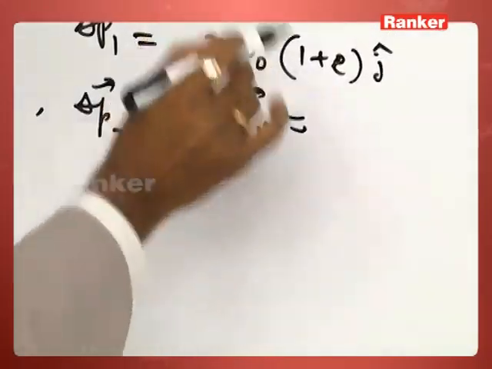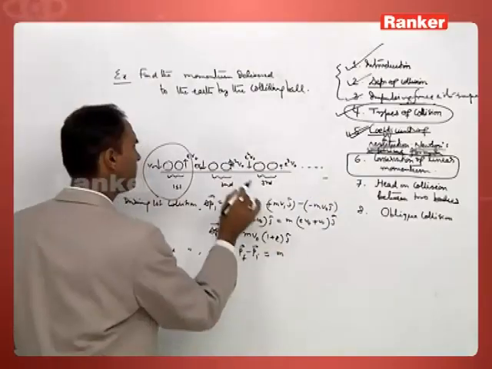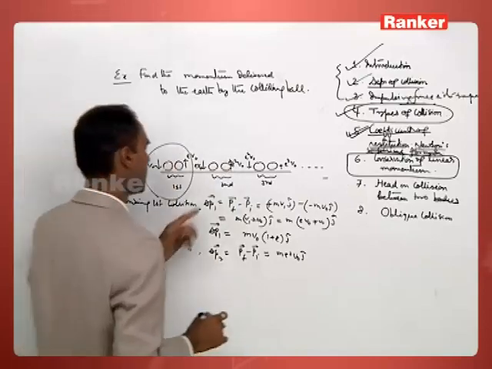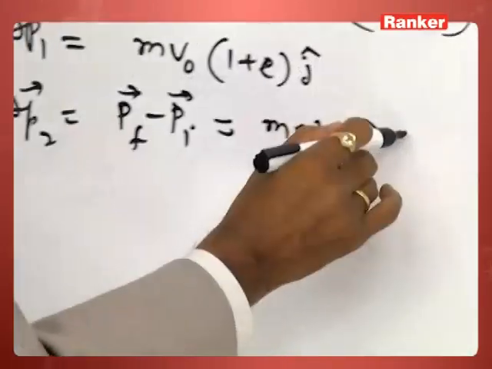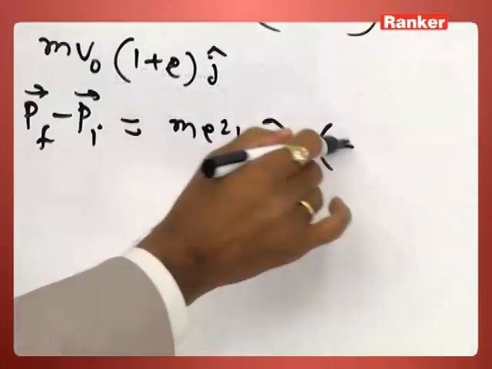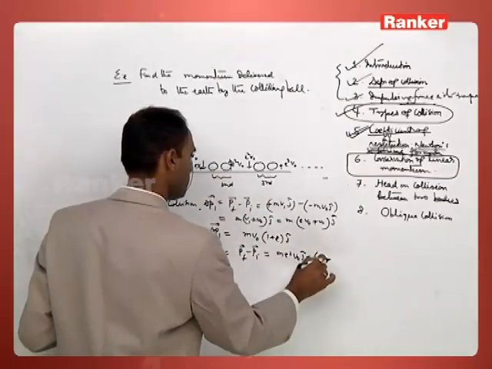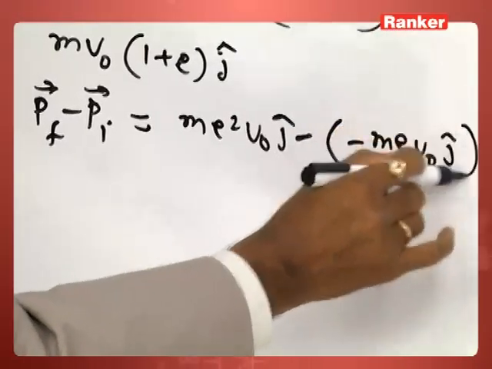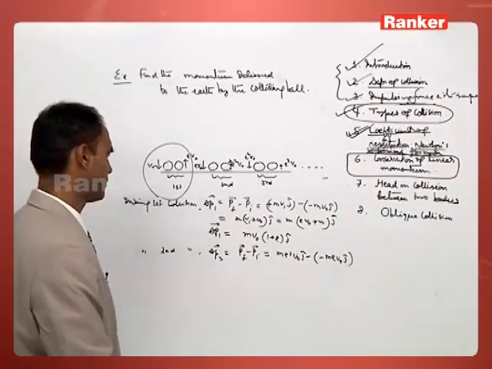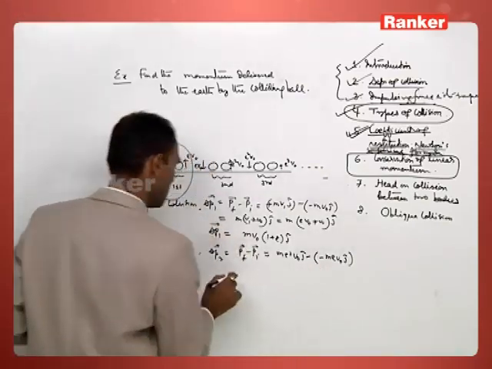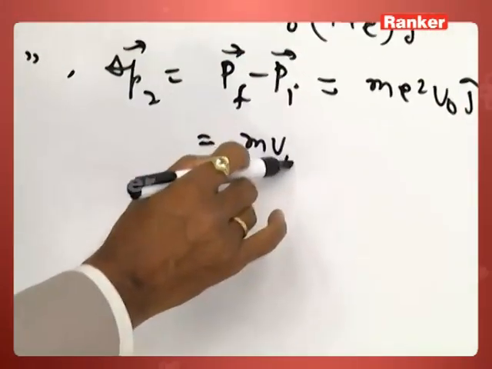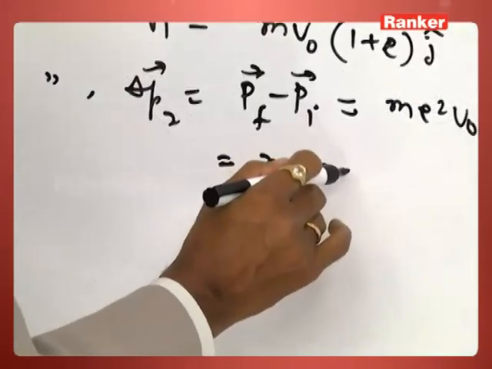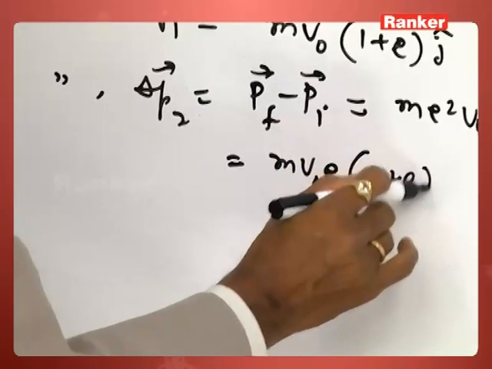The final momentum is m e squared v naught j cap. Directly I am writing the final velocity, minus the initial momentum, since the ball is moving down, the initial momentum is downward, m into v naught into minus j cap. This will give us m v naught (1 plus e) j cap.